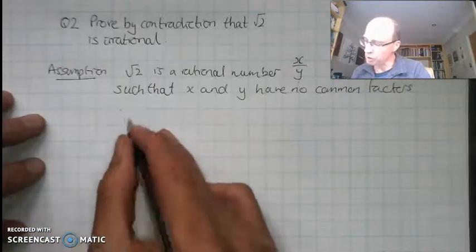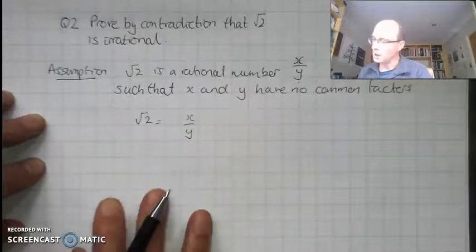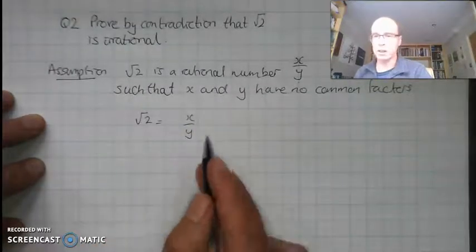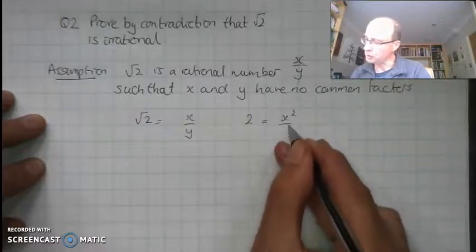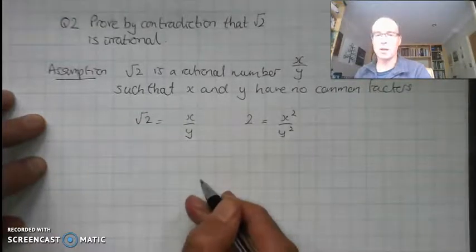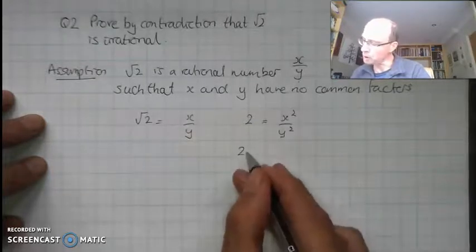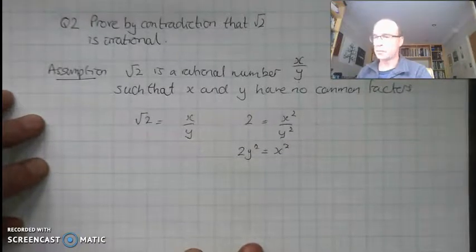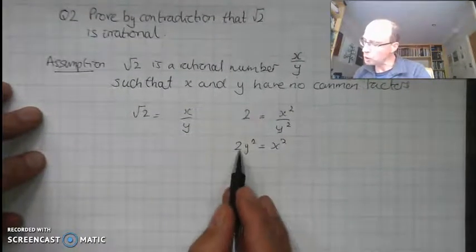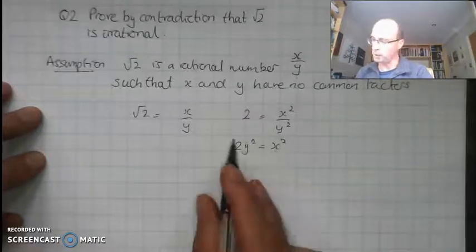Okay, so we've got the assumption down on paper. So if root 2 is equal to x over y, then if I square both sides, I'm going to get 2 is equal to x squared over y squared. And then if I multiply through by y squared, I've got 2y squared is equal to x squared. Well, that means if I've got 2 lots of something, then my x squared must be even.